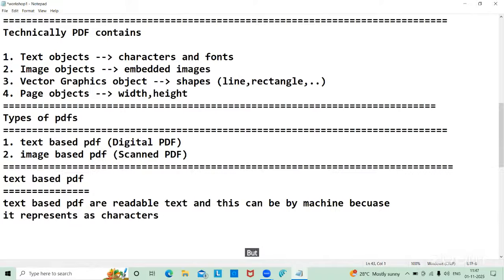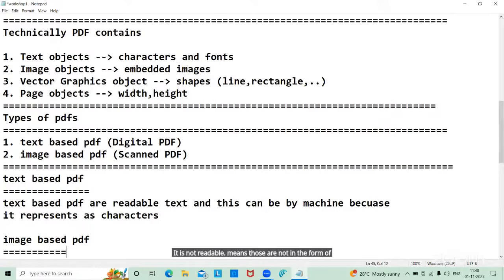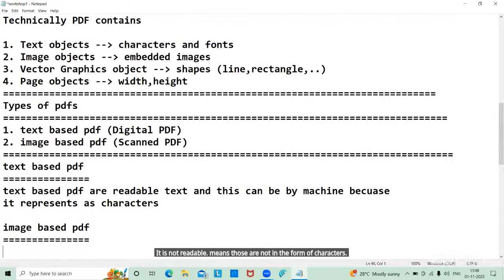But when it comes to an image-based PDF, you scan it. So in an image-based PDF, it is not readable. Those are not in the form of characters. It is an image.